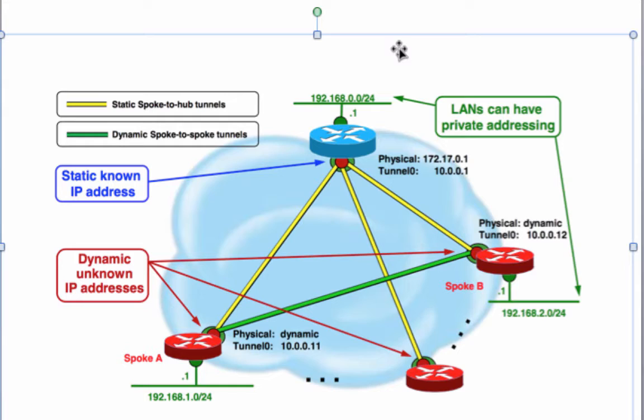And routing protocols in DMVPN, why do we use them? To advertise local area subnets. And the dynamic unknown IP address, why is it unknown? Think about it. On the internet, let's say some spoke sites, maybe they don't have a static real IP address, a static public IP address, right? On the internet, many ISPs charge you for a static IP address.